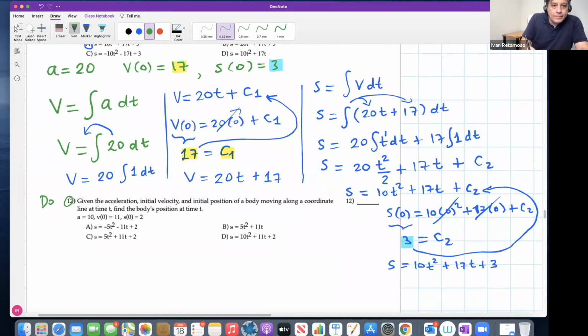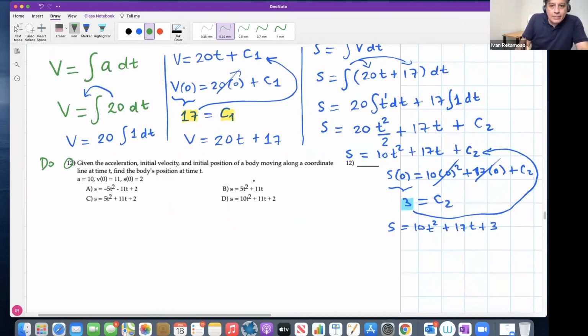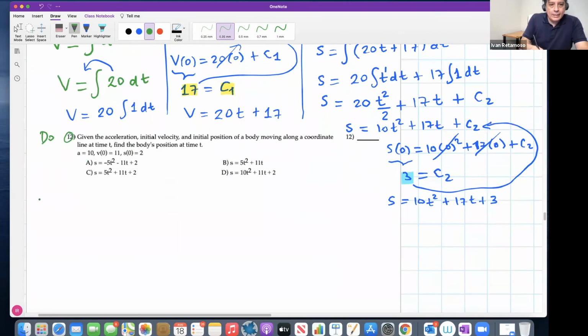Do this one. I'm gonna write out the information here. They say that the acceleration is a constant function a equal 10. The velocity evaluated at 0, physicists call it initial velocity, right? It's 11. Initial position at time 0 is 2, right?